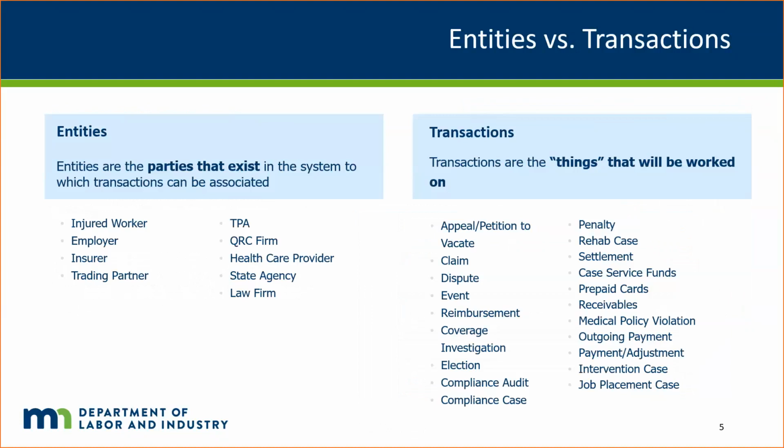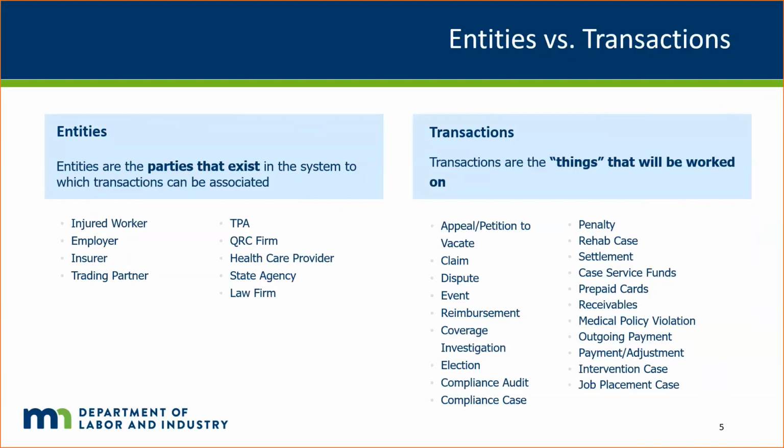So in campus, we designate everything in the system as one of two things. It's either a transaction or an entity. An entity is anybody that's a party that's going to exist in the system and have transactions associated to them, whether that's an injured worker or an employer, an insurer, a trading partner, a third-party administrator, a QRC firm specifically for you guys, or a QRC individual.